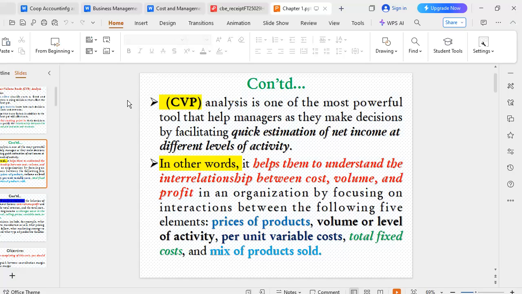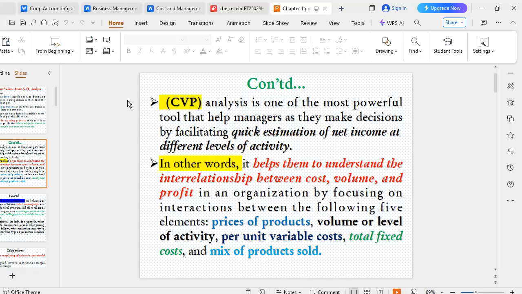At different levels of activity, cost volume profit analysis is one way we quickly estimate net income. It helps managers also to understand the relationship between cost, volume, and the profit.